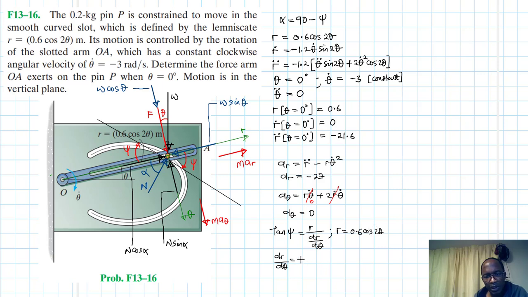Therefore dr d theta becomes minus 1.2 sine 2 theta, the 2 comes this side. Alright, let's work out this now.